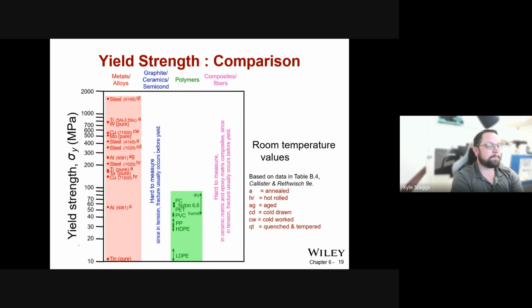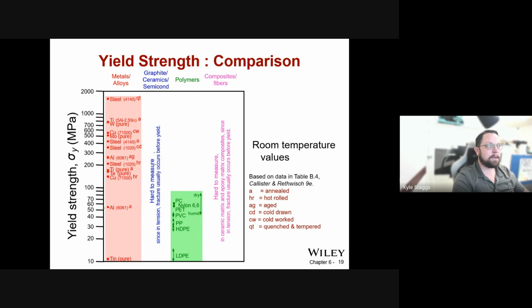So the things like tin are extremely soft. Aluminum, still very soft, very low yield strength. Much higher are steels. There are some various treatments that are listed here.